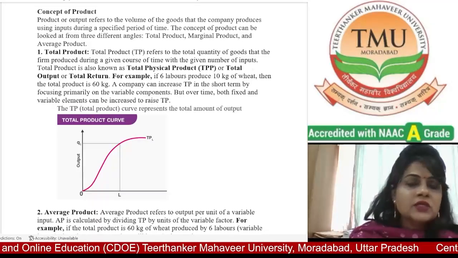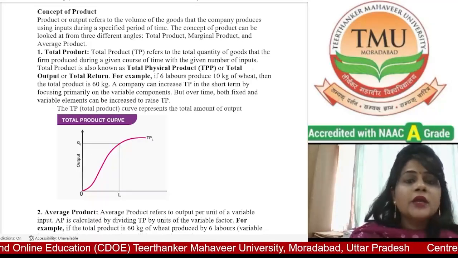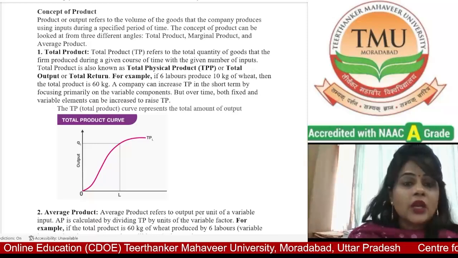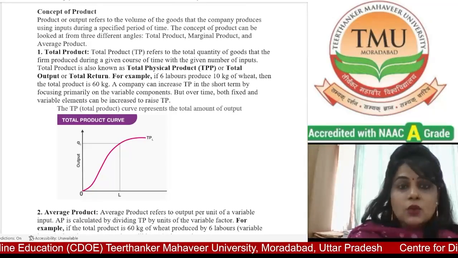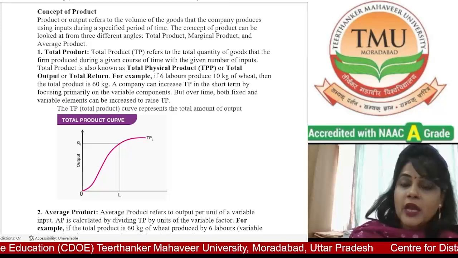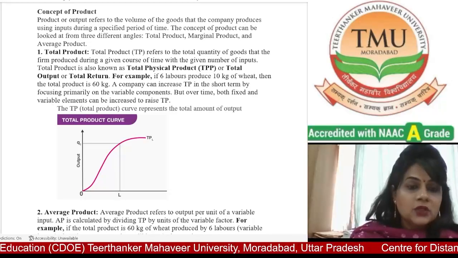So in simple words, we can say the total product refers to the total amount of output that a firm produces within a given period utilizing given inputs.